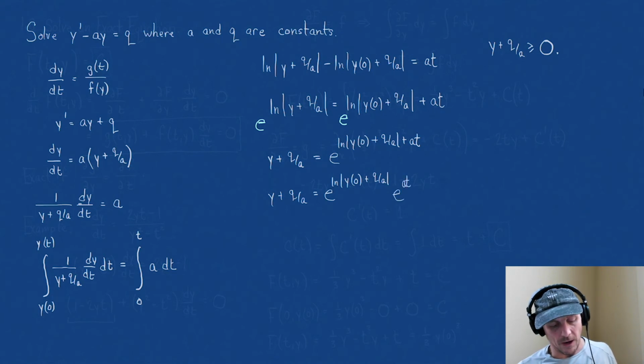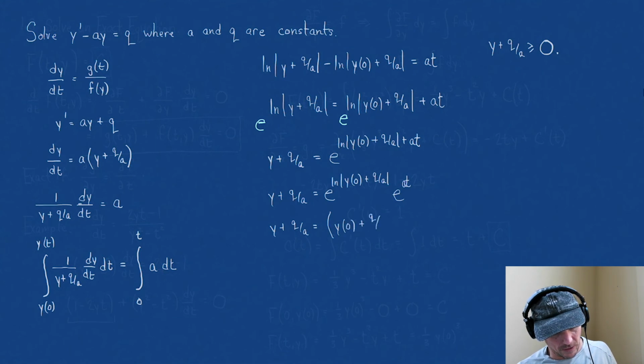Well, e to the natural log brings all of this stuff down. Y of 0 plus q over a times e to the at. All right, let's multiply this out and see what we get. We get y plus q over a equals y of 0 plus q over a times e to the at.